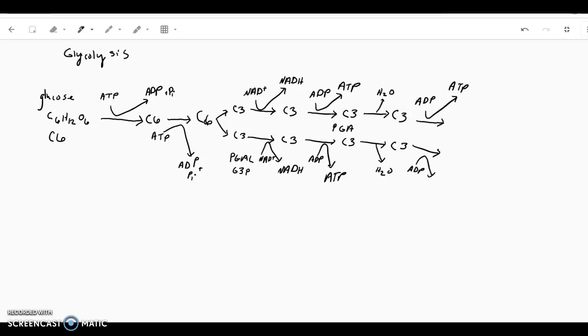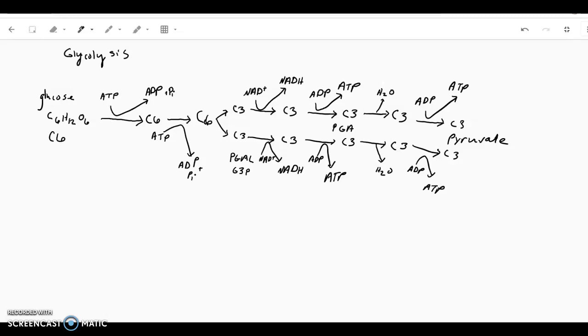And then at the end of that step, we have still a C3 molecule, but this C3 molecule we're going to refer to as pyruvate. The C3 molecule at this point has a potential for several fates.